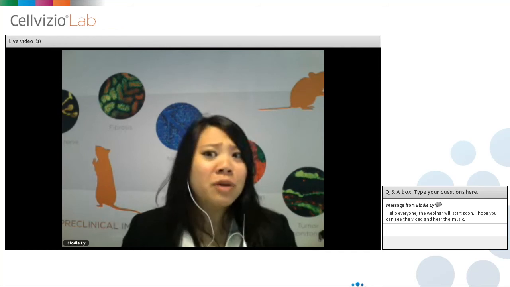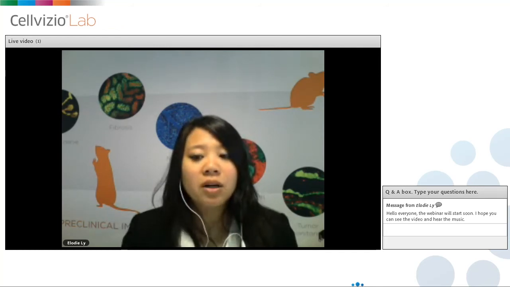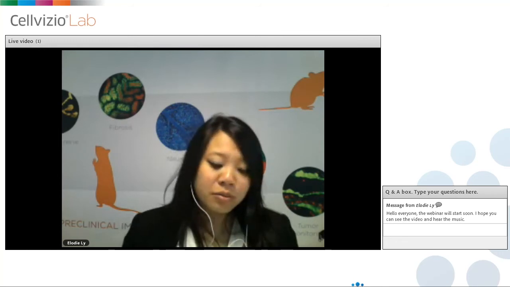Keep in mind that our smallest microprobe has a tip diameter of 300 microns. So you need to check whether it is compatible with the vessel you want to penetrate. For rats, maybe it's a little bit difficult, but we have done some tests with rabbits and it worked fine.